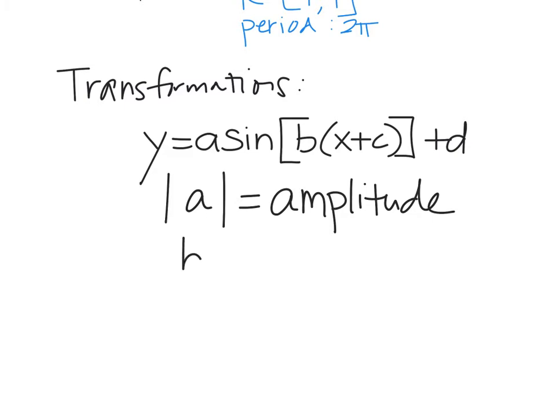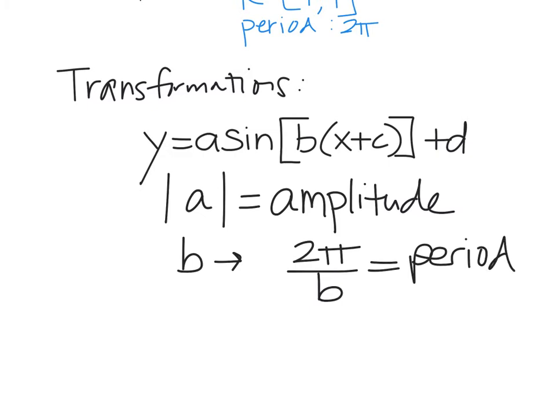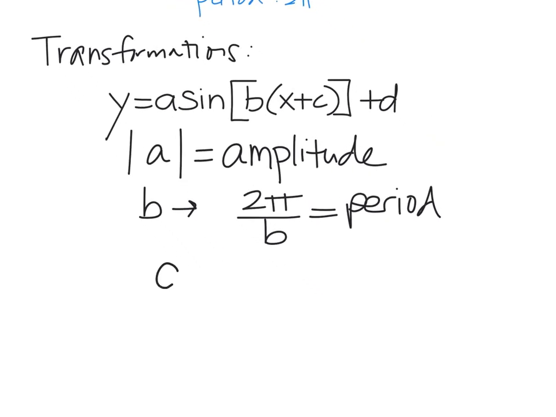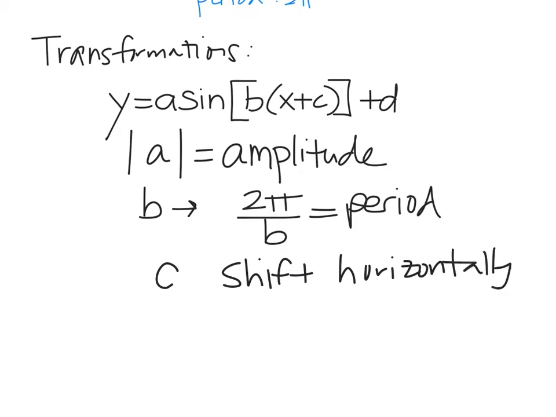Okay, B is going to tell you the horizontal stretch or shrink, but we usually do this as 2 pi over B is the period. So that's going to shrink it or make it go bigger, your wave. C is going to be your shift horizontally. Okay, and you always go the opposite direction.